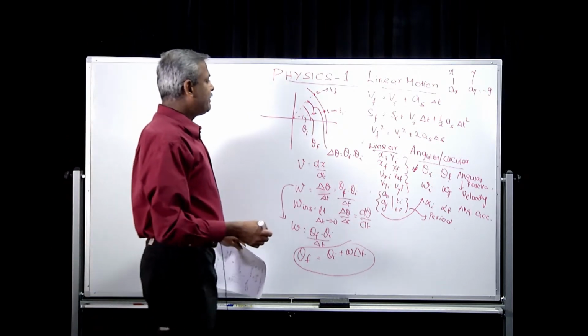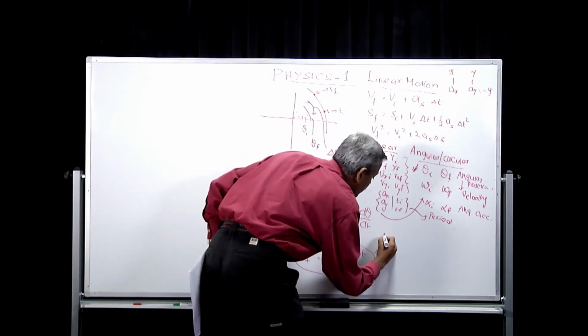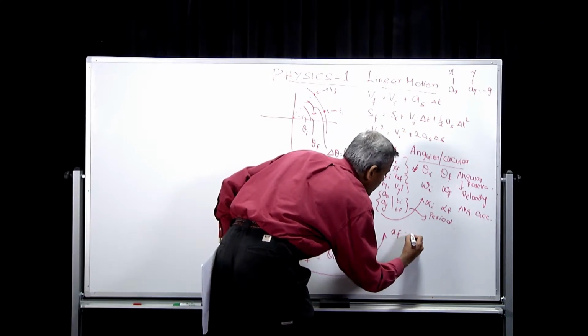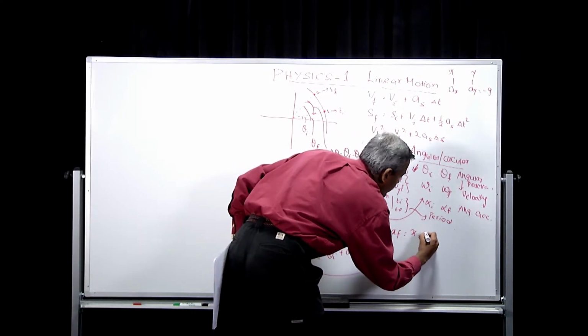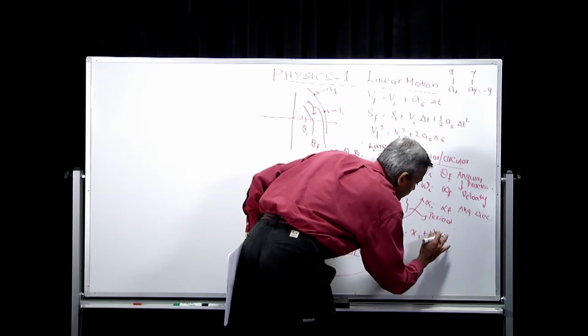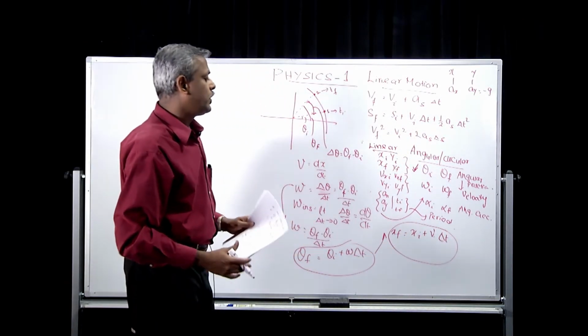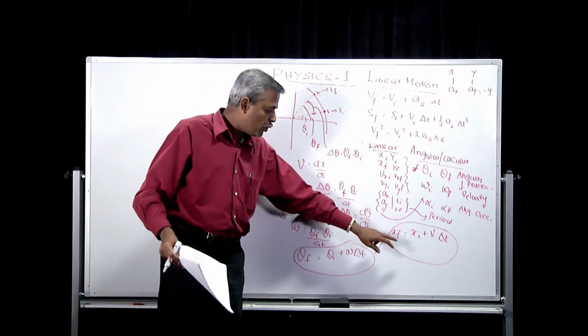This is very similar to one of the equations we use in linear motion, that means x final is equal to x initial plus v delta t. This we also used in physics chapter 1 and 2 or chapter 2 and 3.